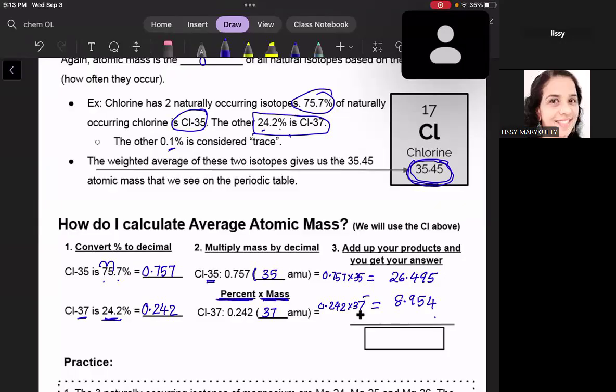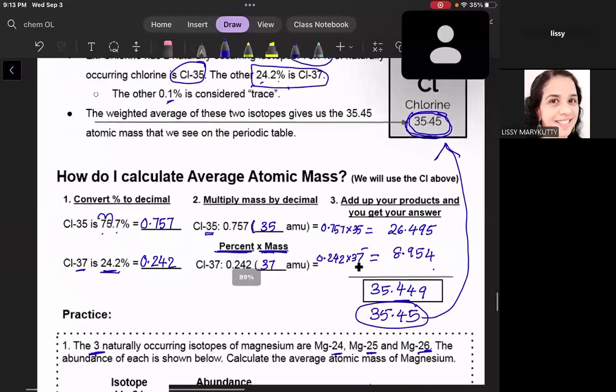Then add these numbers together, you will get 35.449. I'm going to round that to 2 decimal places, so we will round that up. So the answer is 35.45, which is the exact value you will see on the periodic table.